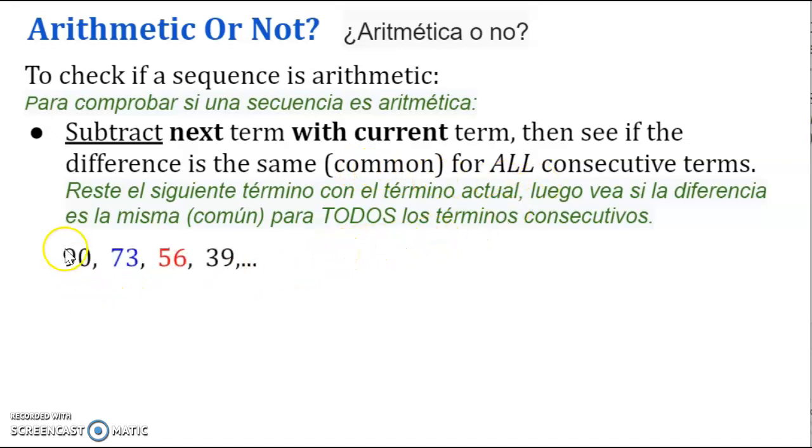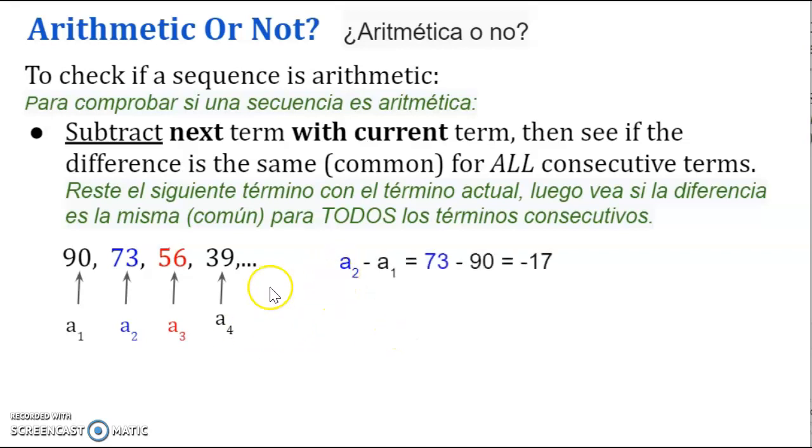So for example, if you have 90, 73, 56, and 39, the first, 90, is my A1, 73 is my A2 or second term, 56 is A sub 3, and 39 is A sub 4 or A of 4.